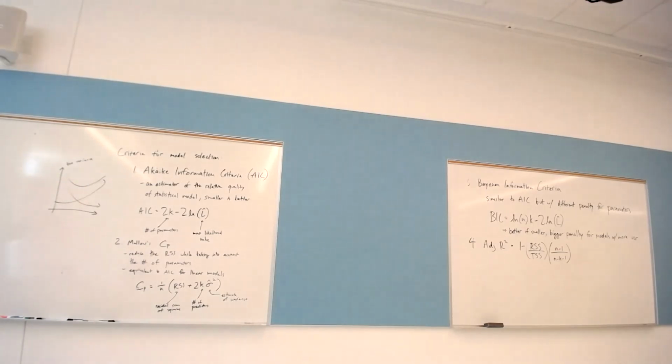AIC and Cp versus the BIC. Typically, we argue that the BIC helps to better identify the true model the larger your sample size is. So as n approaches infinity, BIC will empirically do better than the AIC.